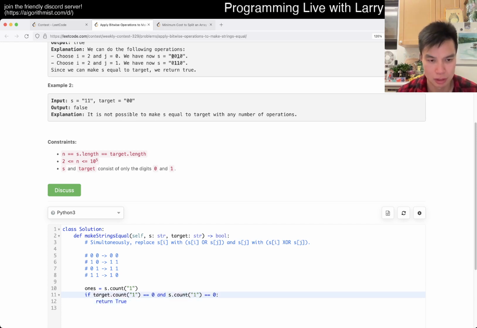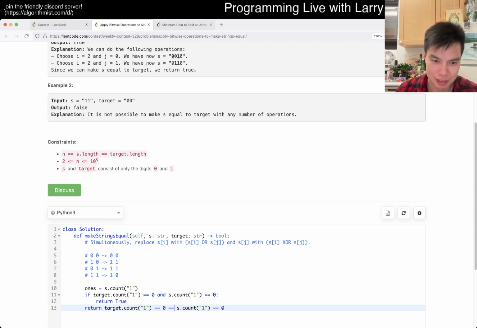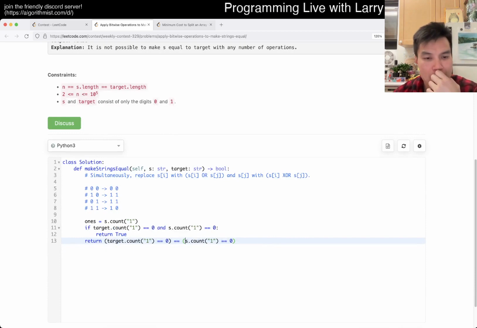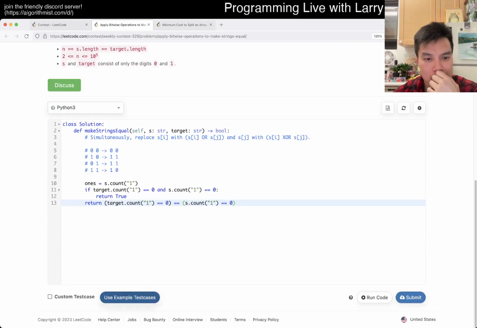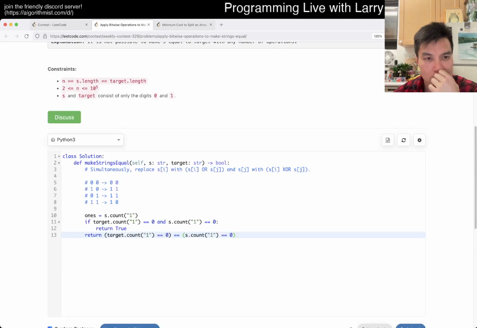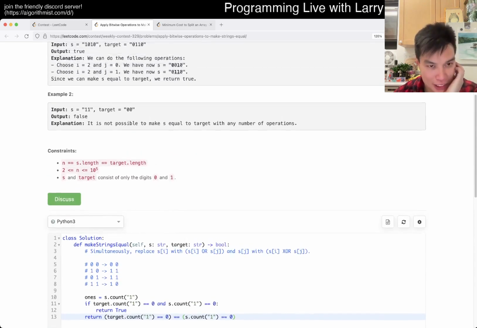Otherwise, I almost want to write something like this, but I can't really. I'm trying to think of other cases. Is that sufficient, or am I missing a case?